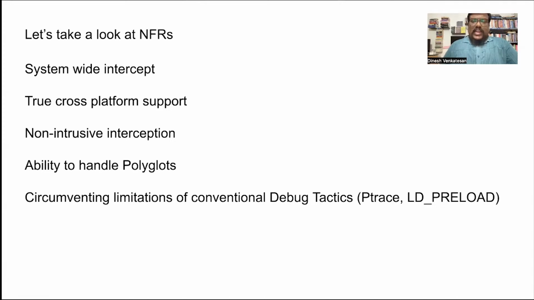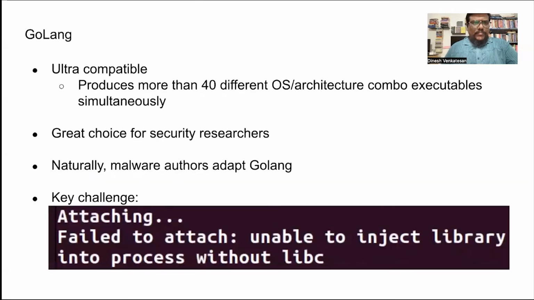And more than that, there are certain limitations with ptrace and LD_PRELOAD, which are typical hooking techniques for process-specific interception. And more importantly, the ability to handle polyglots. We will quickly discuss what polyglots are. So specifically, we will talk about Golang. Golang, as we all know, is an ultra-compatible modern language.